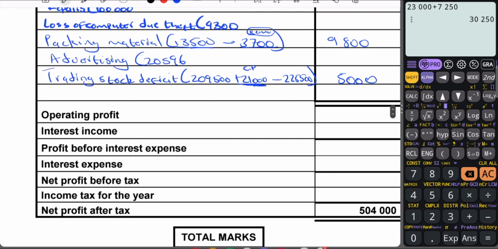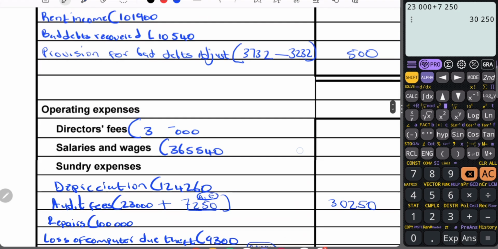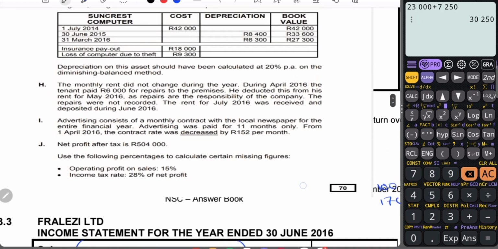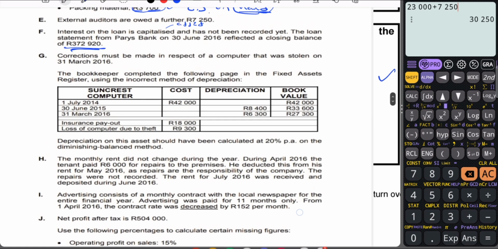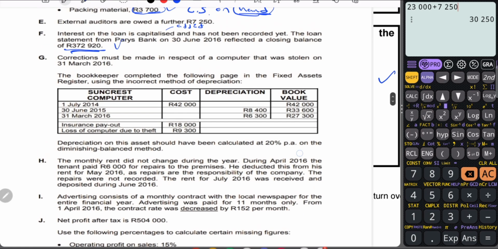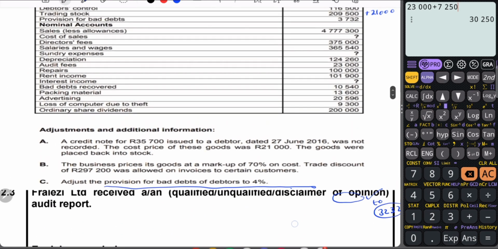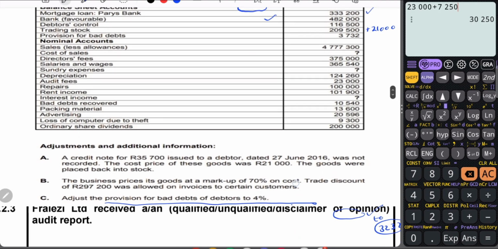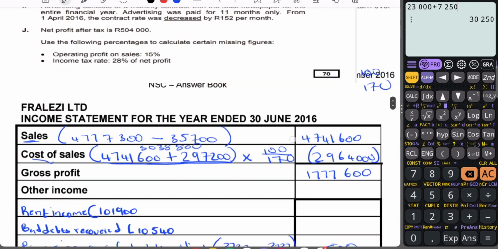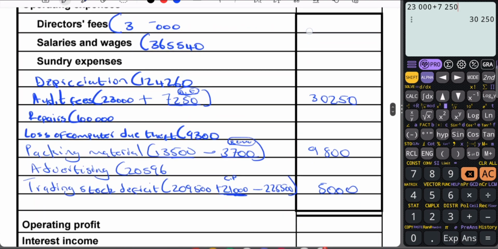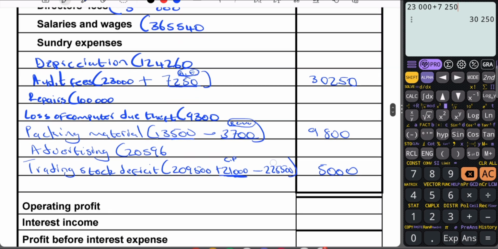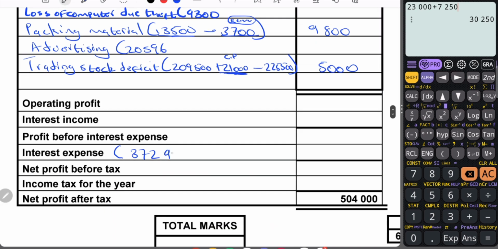Remember, it goes here under interest expense. You open a bracket: 372,920 minus the other one, which is 333,200.